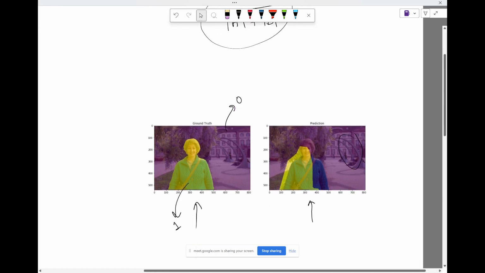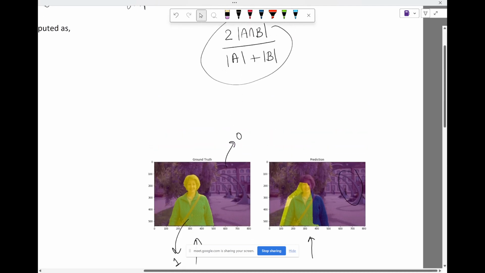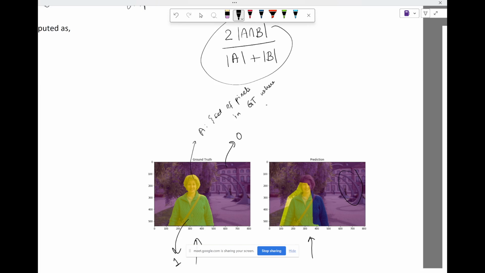So A is the set of pixels in ground truth where you have 1. Let's say f of x,y equal to 1. Set of pixels means the positions x comma y. Okay, set of pixels x, y in ground truth where f of x,y equal to 1.